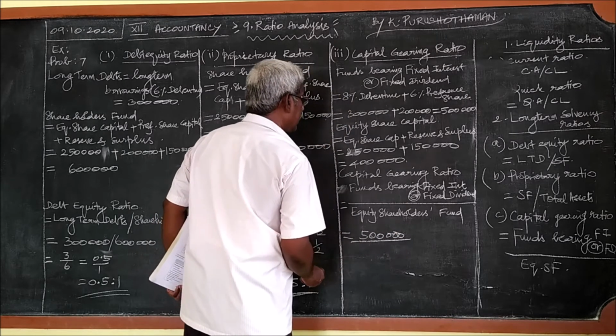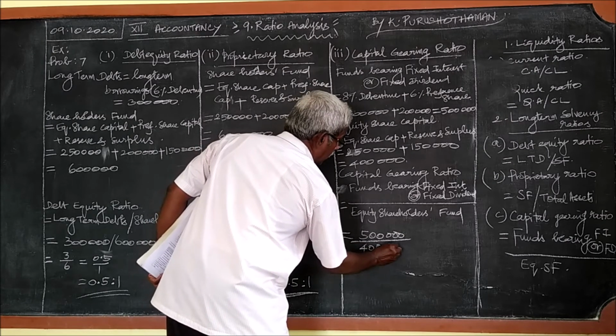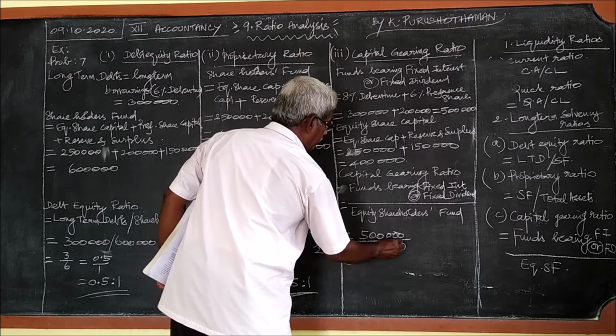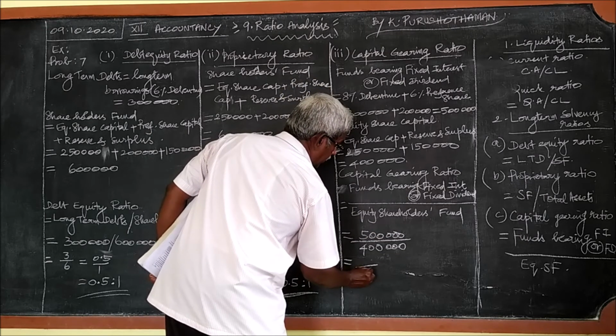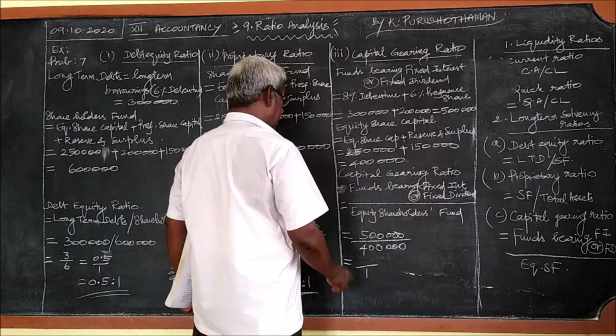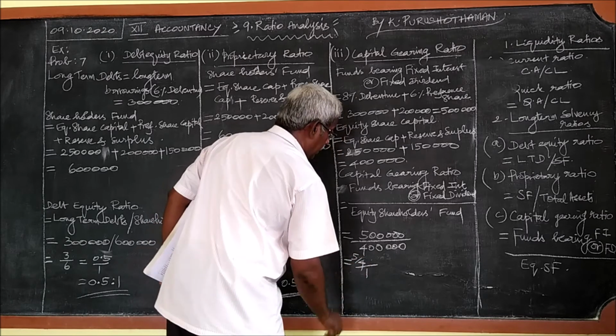For the denominator, the value is 4 lakhs. If you cancel all the zeros, the denominator value will be 1 and the numerator is 5 by 4.